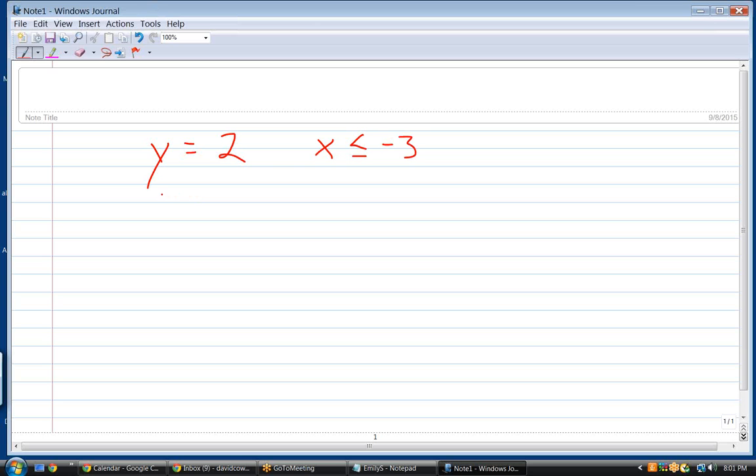Second one? 4 if 0 is less than x, x is less than 2. And the third one: 3 if x is greater than or equal to 2.